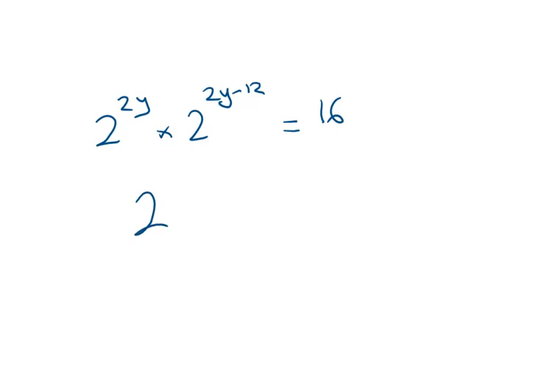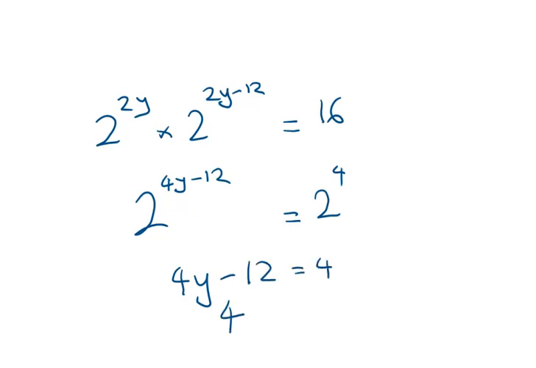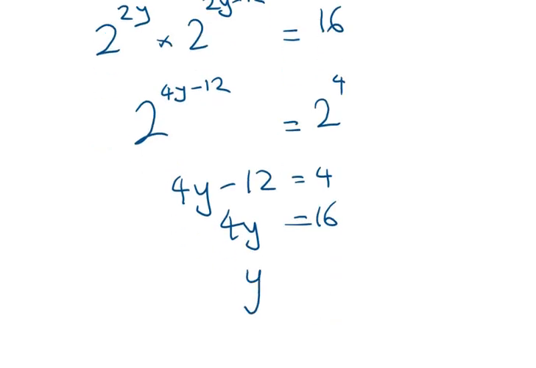We can clean up the powers on the left-hand side, so we get 4y minus 12, and 16 is equal to 2 to the power of 4. That gives us 4y minus 12 equals 4, 4y is equal to 16, and y is equal to 4.